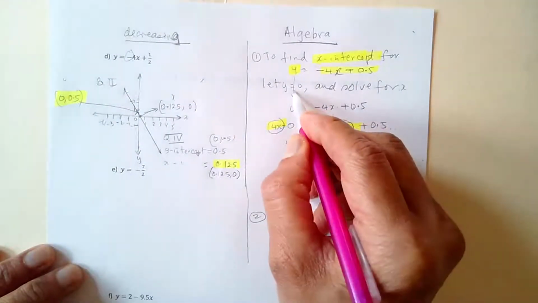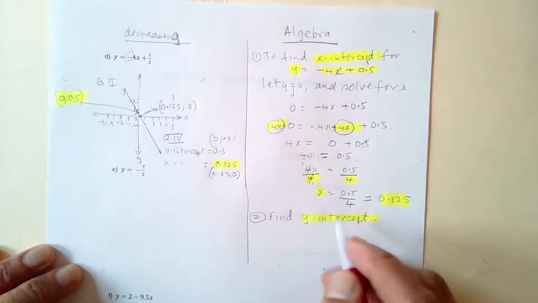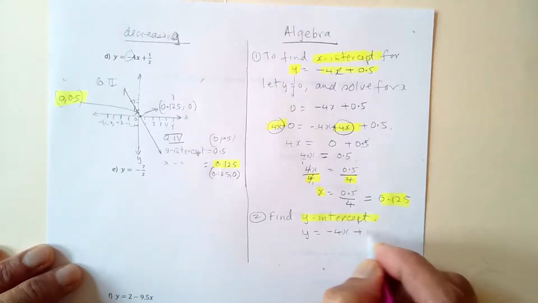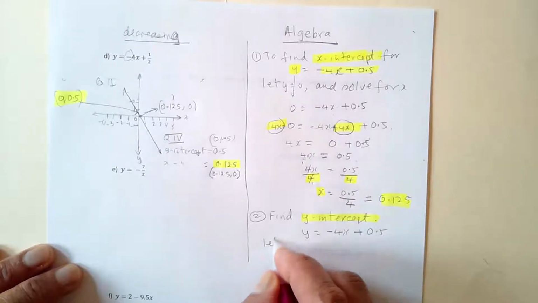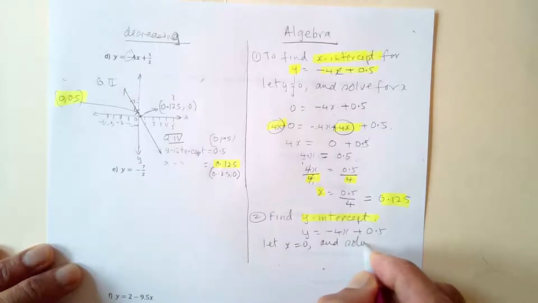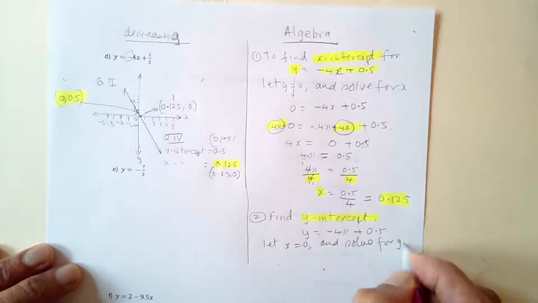So in the case here, we let y be 0. In this case, we let x be 0. So we have y is equal to negative 4x plus 0.5. Let x equal 0 and solve for y.